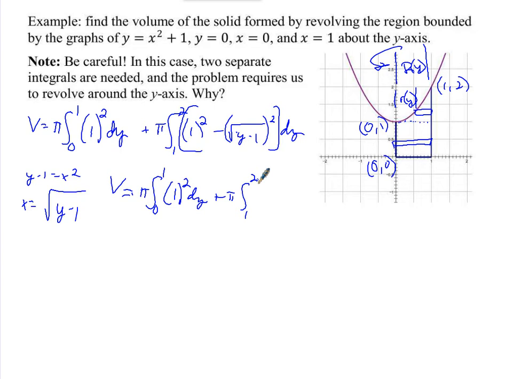Okay, so that's... no. 1 minus y minus 1. So 1 minus negative 1 becomes positive 2. So this is 2 minus y dy.